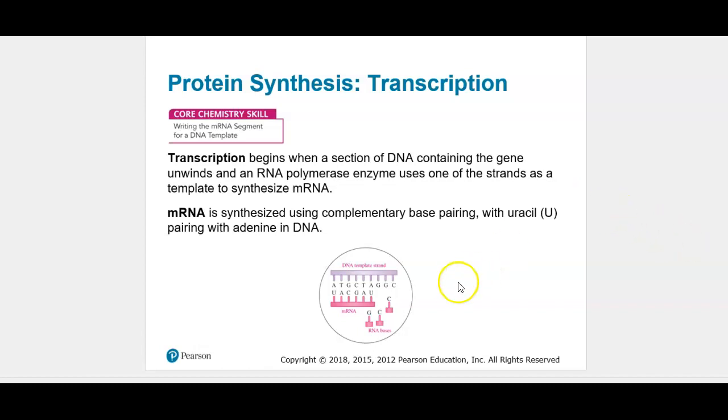You're taking the DNA template strand as a template, and then the RNA bases are lining up complementary to the DNA template strand. And notice where you would have a thymine in the DNA, you would have uracil in the RNA.